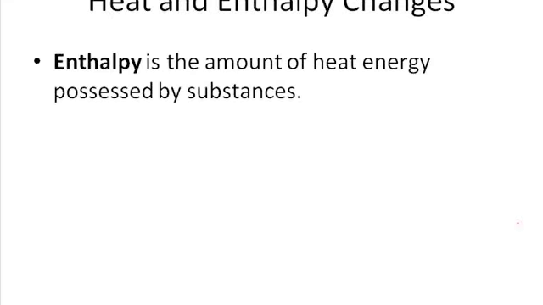Alright, now there's this other term called enthalpy. Enthalpy is a quantity. It's the amount of heat energy possessed by substances. Just like we did the delta E, now we're going to use delta H. Delta H is changes in enthalpy.